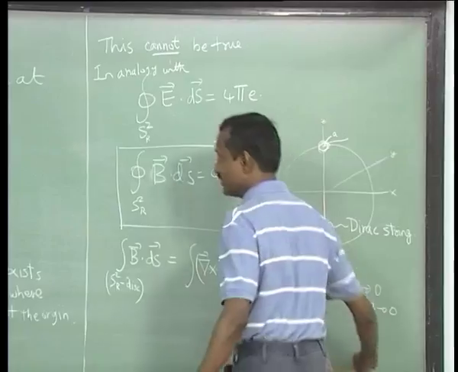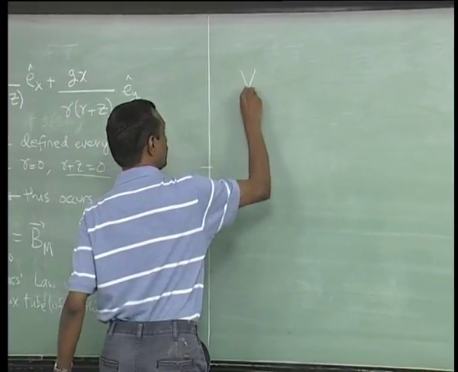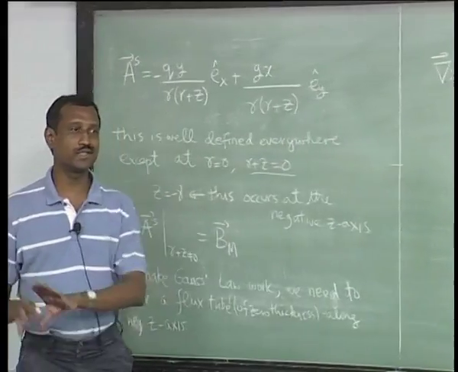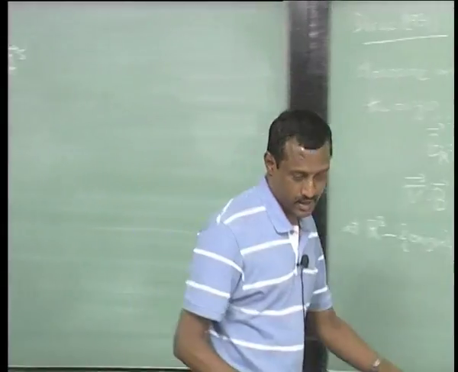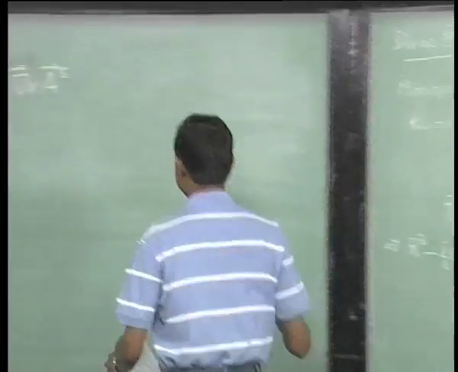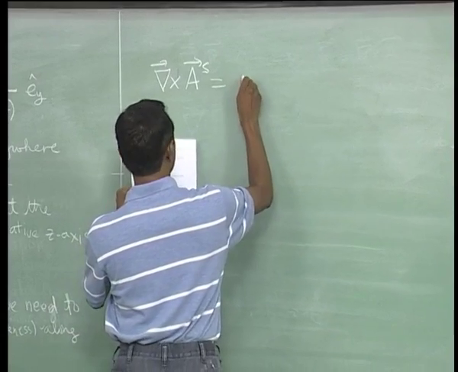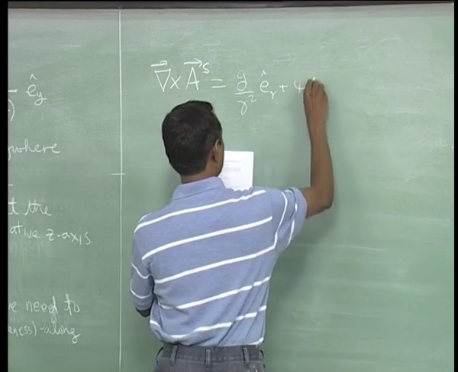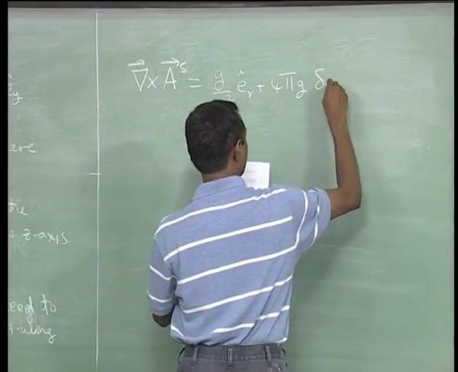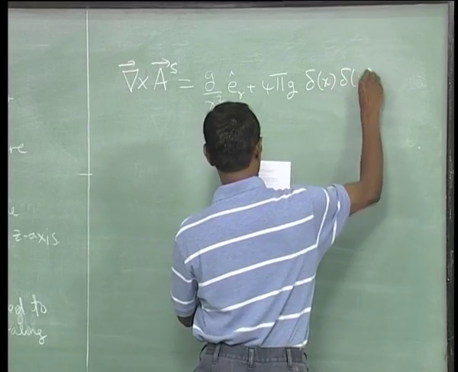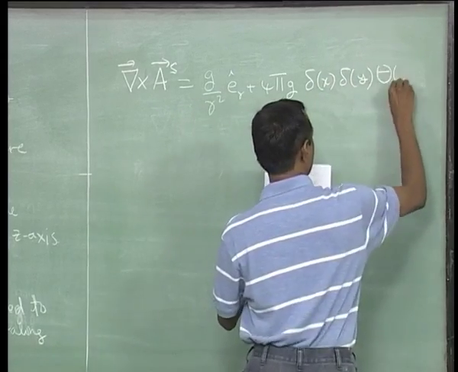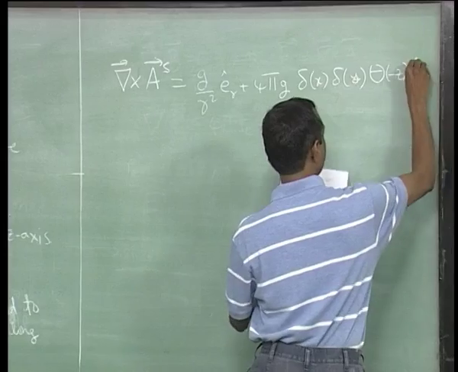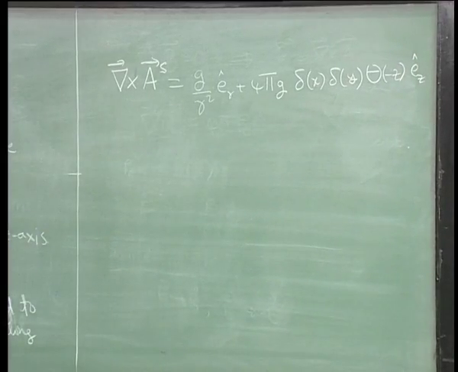That's a good point, and this is exactly what I am saying: if you are willing to go outside the space of just smooth functions and work with distributions, del cross A_S will not satisfy it.